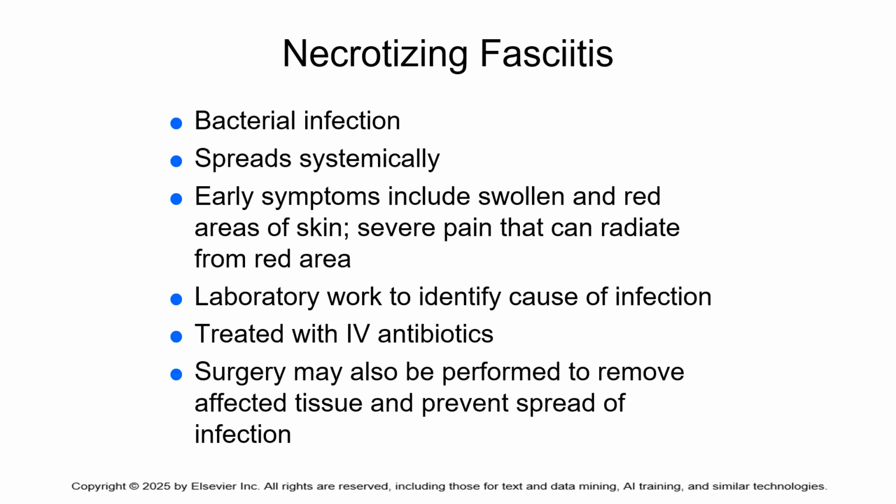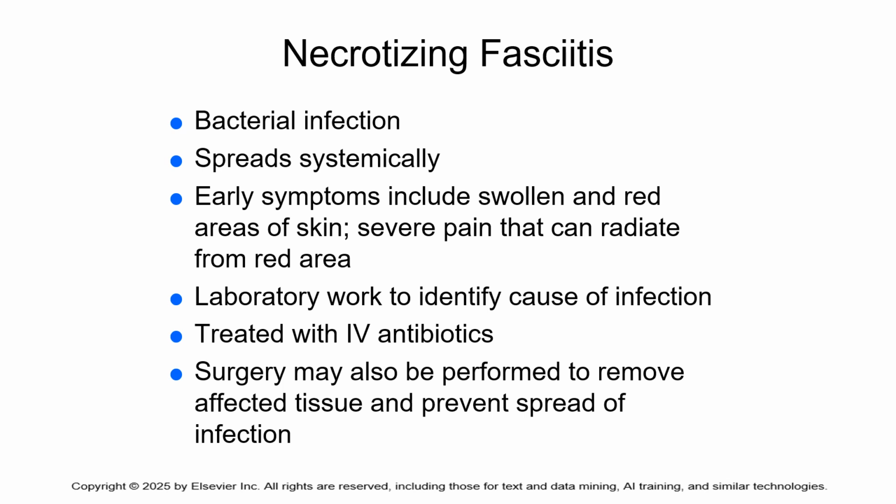Necrotizing fasciitis can lead to significant complications, including the loss of a limb or damage or scarring. It is a bacterial infection. It spreads by body system. Early symptoms are red, swollen skin areas. Pain radiates from the red area.